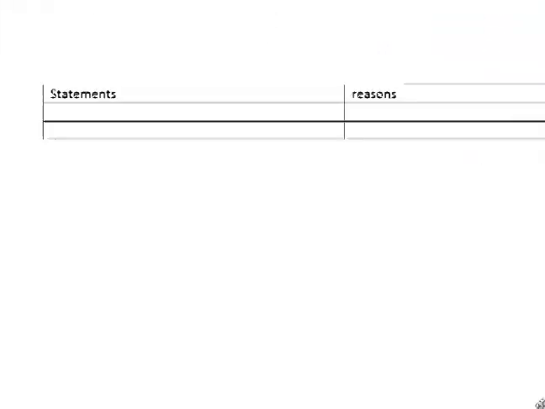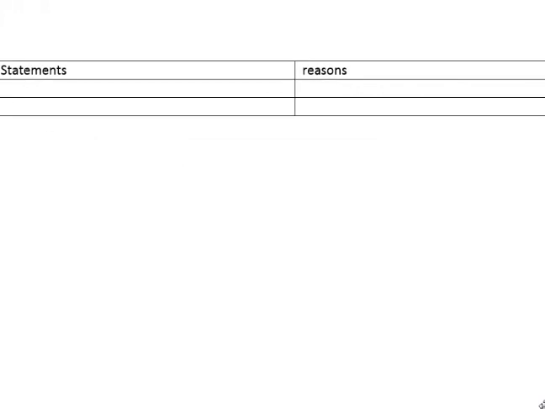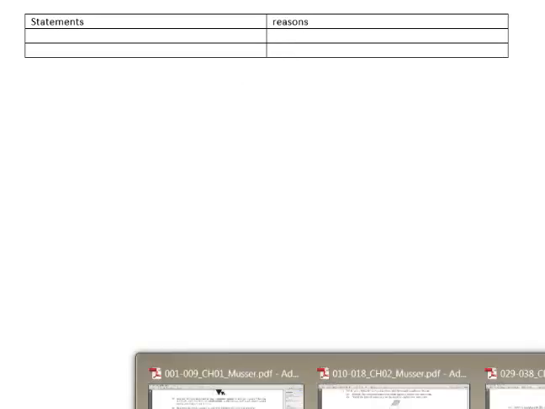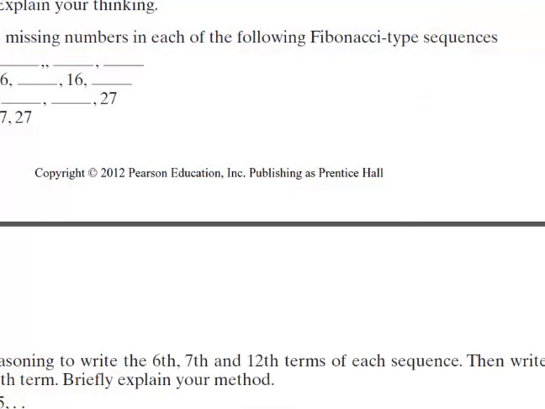Let me expand this and zoom in a little bit so you're able to see the whole thing. This is what my chart would look like. The reasons, of course, you just put in the mathematical rules. The way a proof works is that you have to prove elements one at a time until you have finally proven that whatever you're trying to prove is correct.